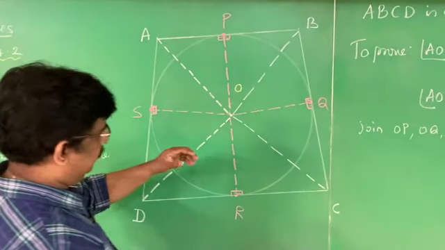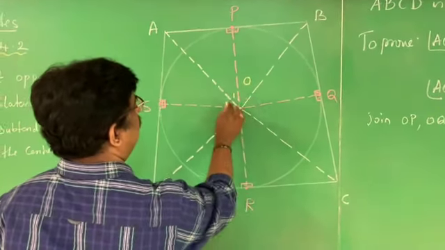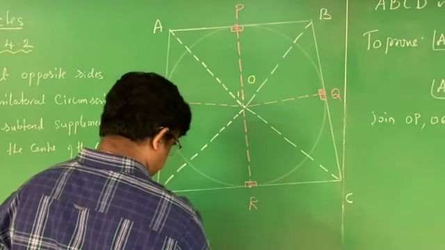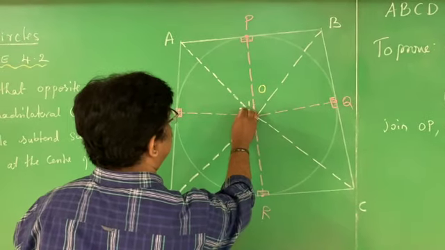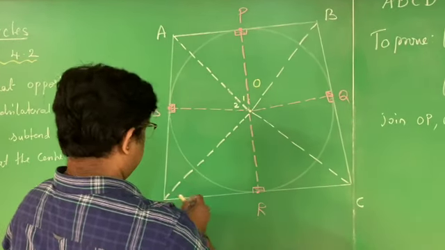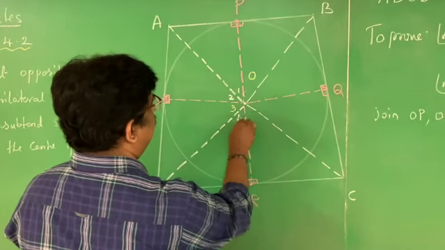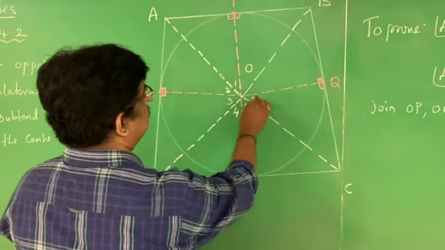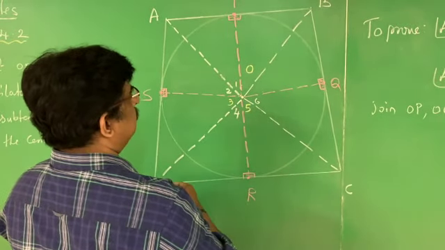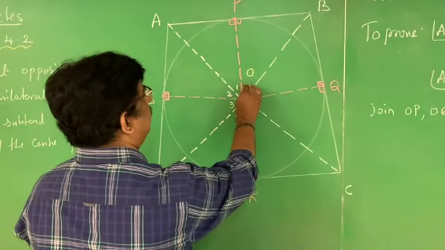For my convenience, I name them 1, 2, 3, 4, 5, 6, 7 and 8.